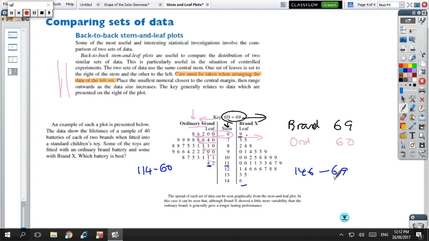The right-hand side is a lot easier to work with because you're reading left to right, but here you've got to read right to left. Then obviously you can answer questions about who's got the biggest range, is the data normally distributed, or whatever. So you can still do lots of questions by comparing the shapes and things like that.